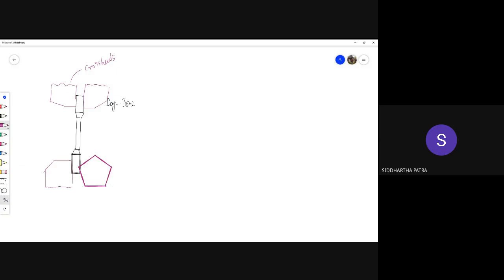Let's say this one is the fixed crosshead, and this one is the moving crosshead. So they grip onto the two larger diameter portions of the dog bone specimen. Why is it called dog bone specimen? It basically looks like a bone that a dog would chase.